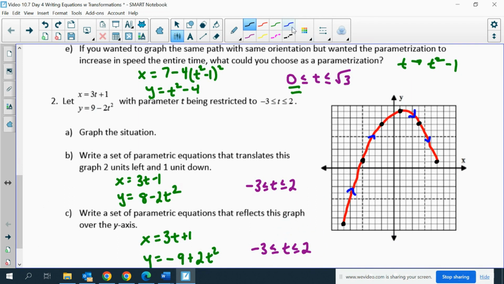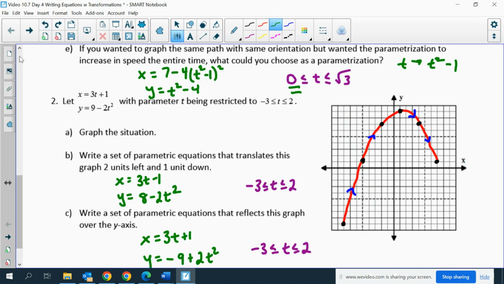So what that's going to do is it's going to take all of my y values and they're just going to flip like this. And it's going to end up going to here and going to here. So it'll look something like that. Orientation would be the same, but the graph just flips over the y-axis.